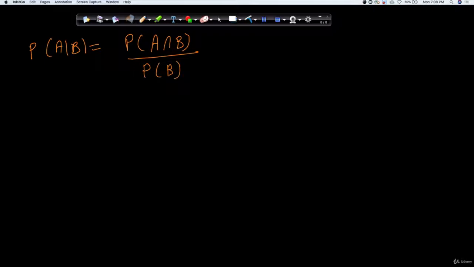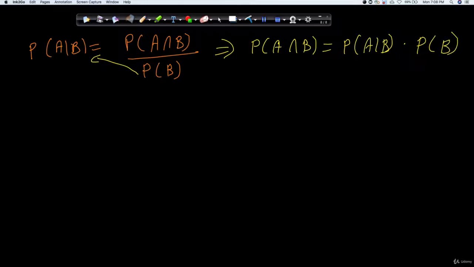Probability of A given B is equal to probability of A intersection B divided by probability of event B. Now I'm going to move this term to this side. So probability of A intersection B is equal to probability of A given B times probability of B. Right? I can write it like this. If you put your terms here, you will also get your outputs in exactly the same manner.